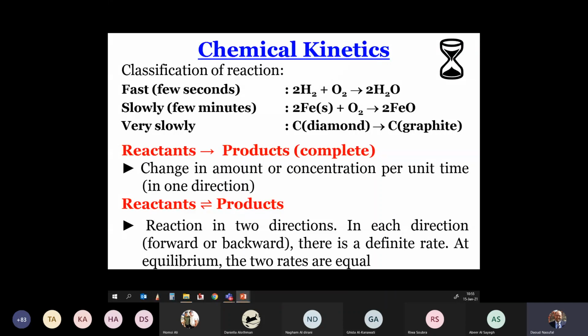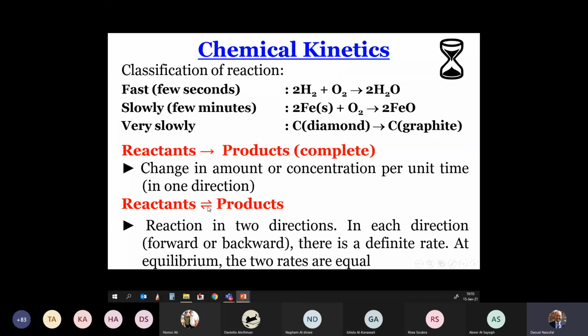But this reaction in double direction takes place at different conditions in direction 1 than in direction 2. So I prefer to call it a reaction in two directions. In each direction, forward or backward, we can study the kinetics of the reaction.